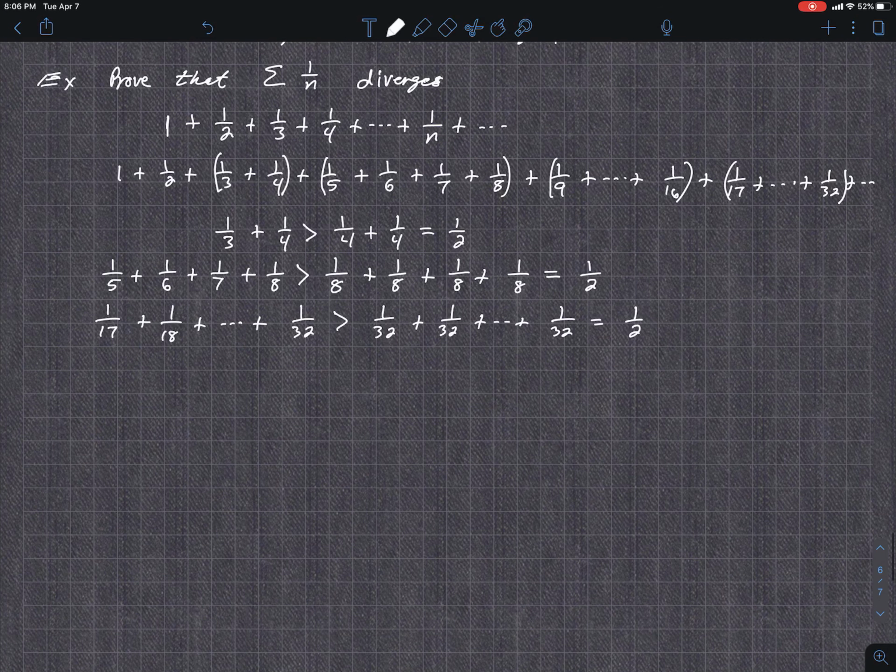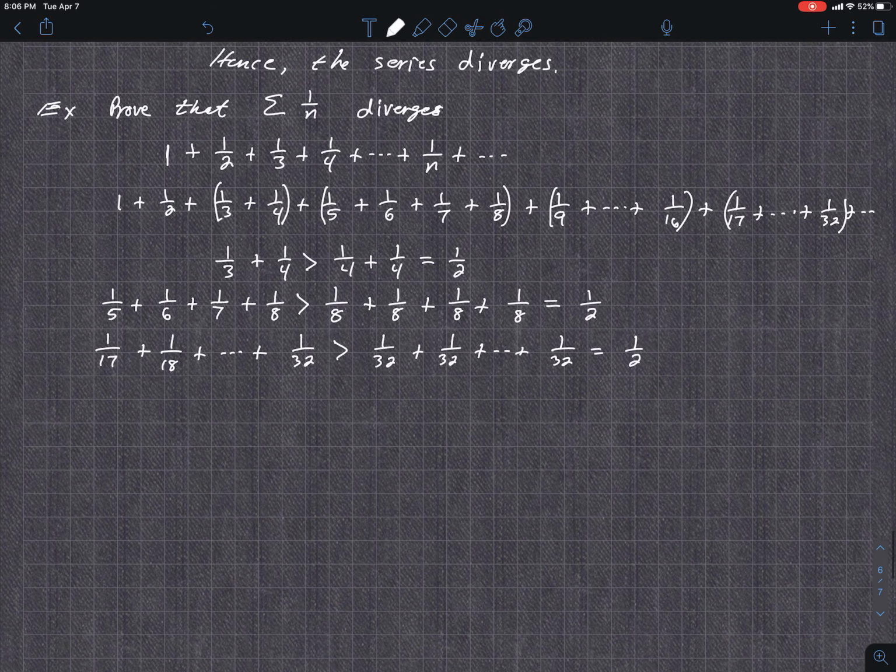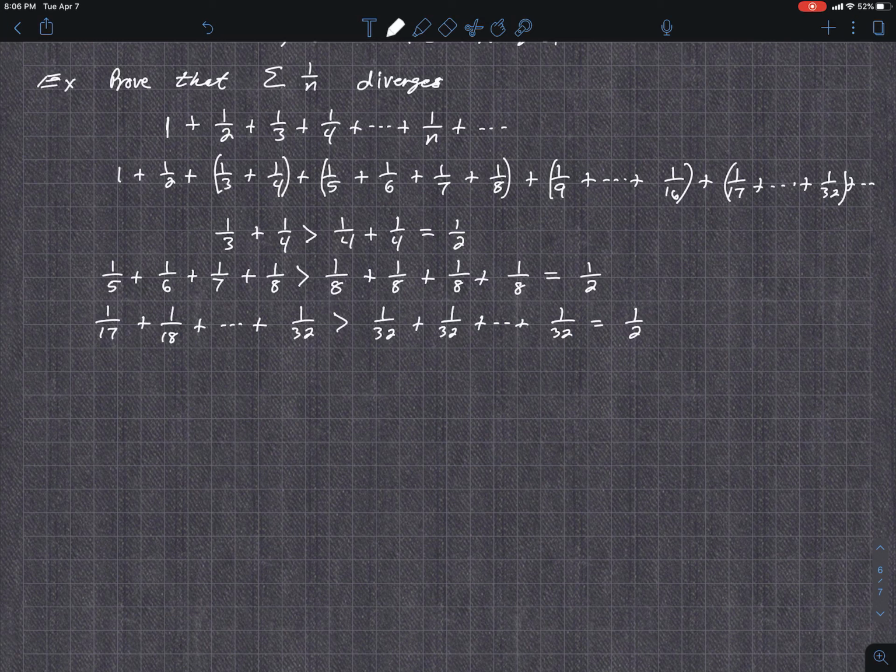So each of these sums has to be greater than that. When you look at this concept, S sub 4 is greater than 1 plus 1/2 plus 1/2, which is greater than 3 times 1/2.